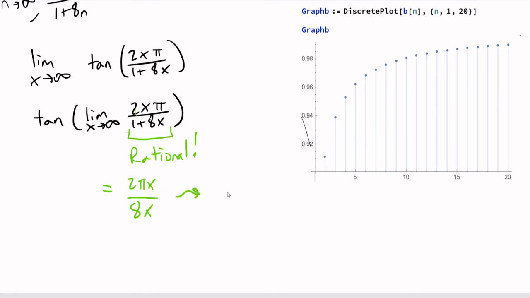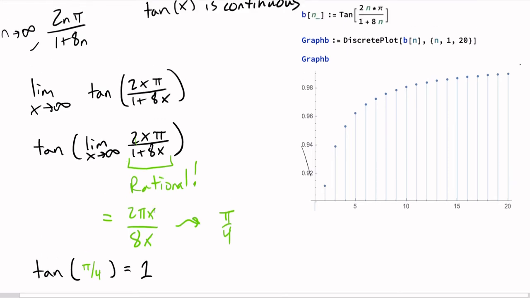In any case, that's going to go to pi over 4. As x gets really big, this goes to pi over 4. And so all together, we end up with tangent of the limit, which we just saw was pi over 4. And guess what that is? 1. Hey, that looks like 1 maybe?